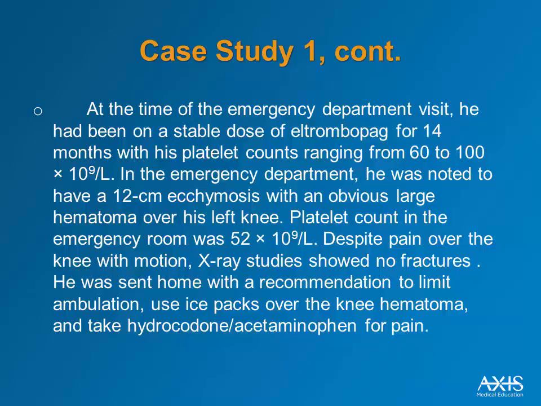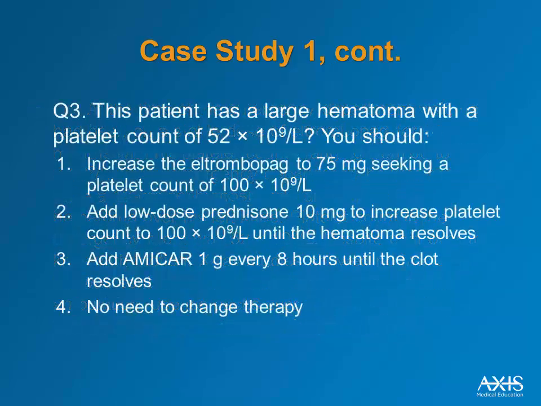There was pain over the knee with motion, and X-ray showed no fractures. He was sent home with a recommendation to limit ambulation, use an ice pack over the knee hematoma, and take hydrocodone acetaminophen for pain. The question is, do you feel a platelet count of 52,000 is adequate for this individual who has a large hematoma?